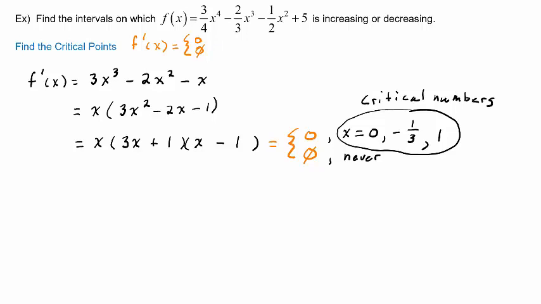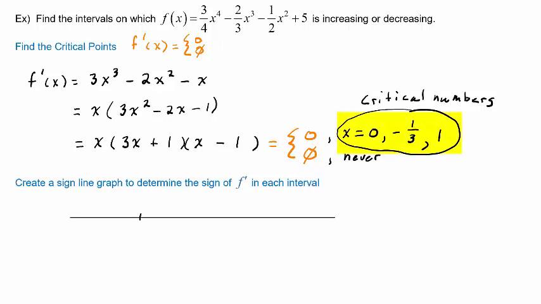So then what we do is take the critical numbers and create a sign line graph to determine the sign of f prime in each interval. So we put negative 1/3, 0, and positive 1 on the number line.